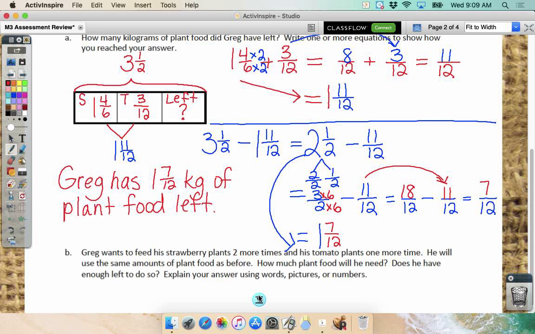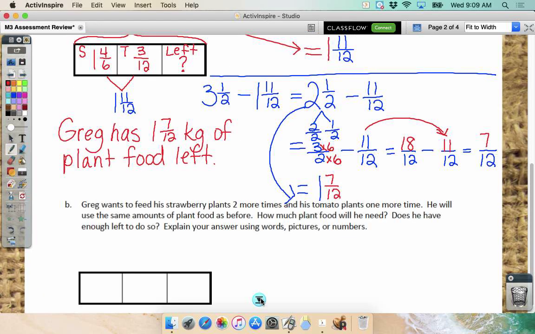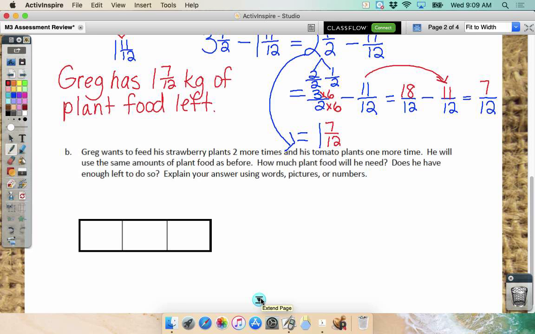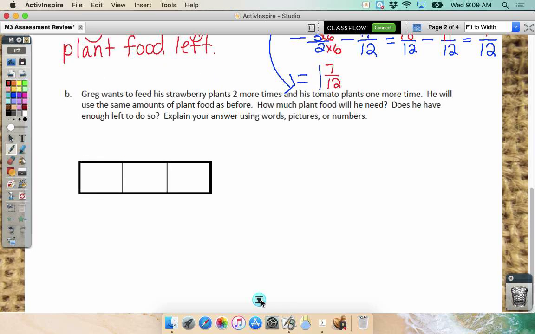So let's look at question number 2, or B. Greg wants to feed his strawberry plants 2 more times and his tomato plants 1 more time. He will use the same amounts of plant food as before. How much plant food will he need, and does he have enough left to do so?